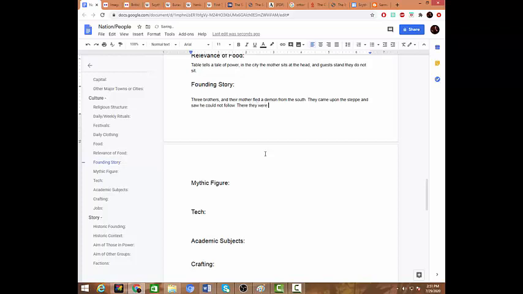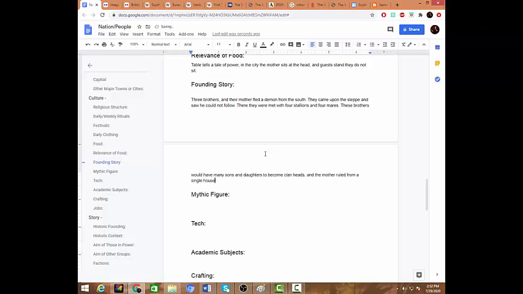There they were met with 4 stallions and 4 mares. These brothers would have many sons and daughters to become clan heads. The mother ruled from a single house on the plain. So that's kind of like, I think that's the story that they tell.